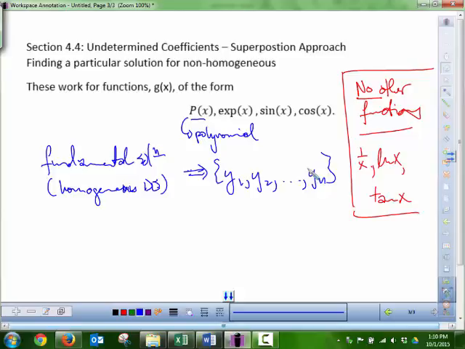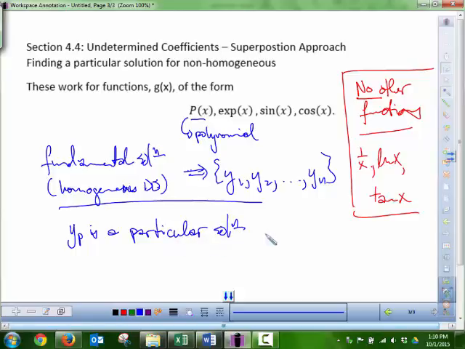So the first part in doing this is finding the fundamental solutions, and then after that we're going to find a particular solution. And that particular solution should work for the non-homogeneous differential equation.